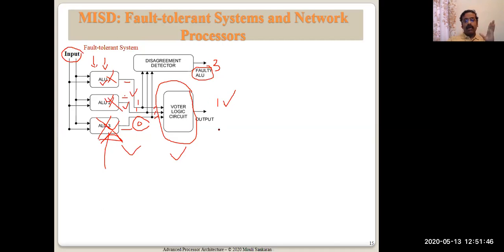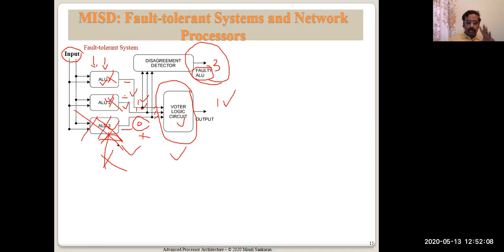We may be wrong, but we have to go by probability that only one has failed and the other two are working fine. So the majority is taken and considered the correct output, and this is considered a wrong output, and it will find out that ALU3 is faulty and somebody has to come and replace it.